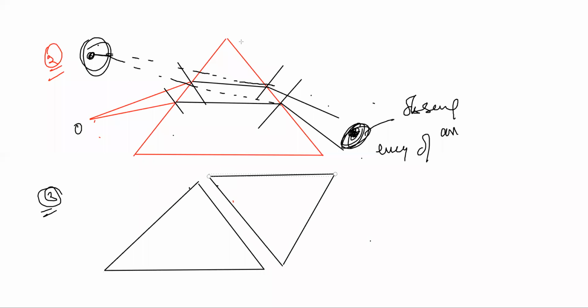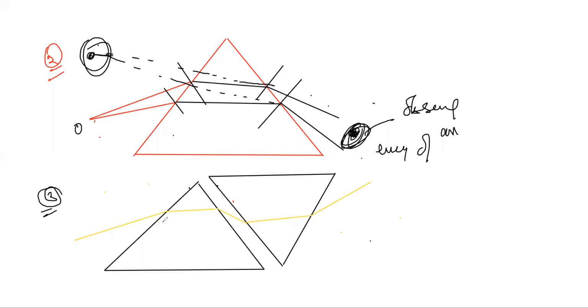And one light ray of yellow color. The yellow color falls here. Fine. क्या होगा इसका? First refraction. Second refraction. Third refraction. And then say the fourth refraction. That's how light goes out.